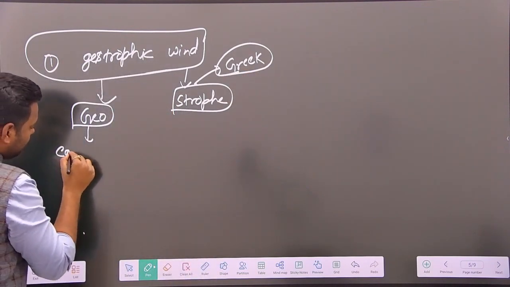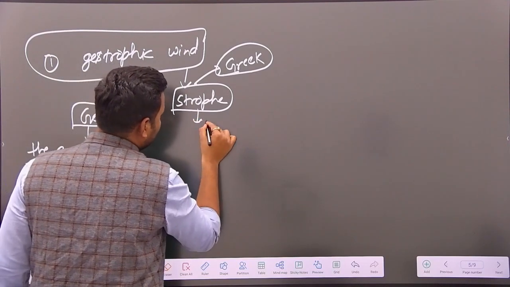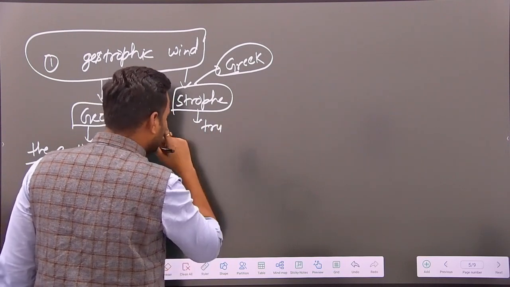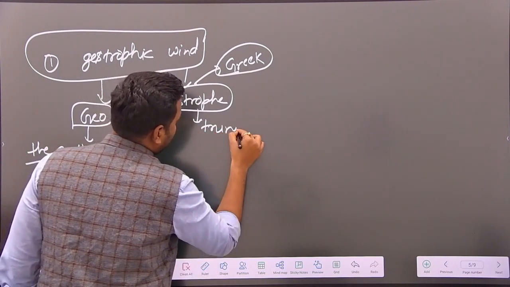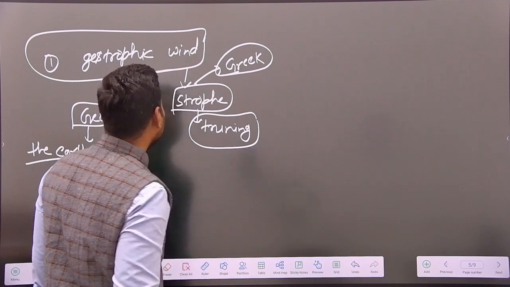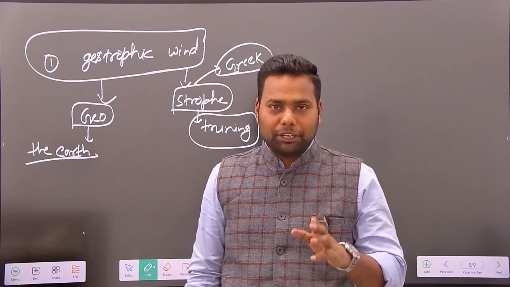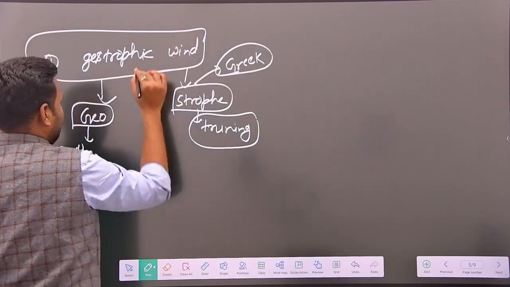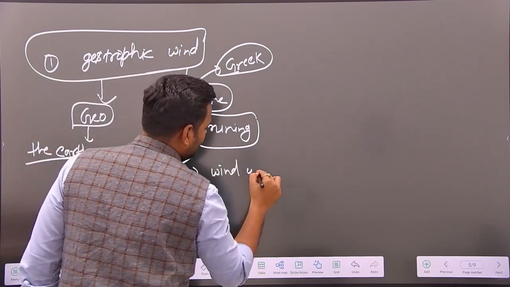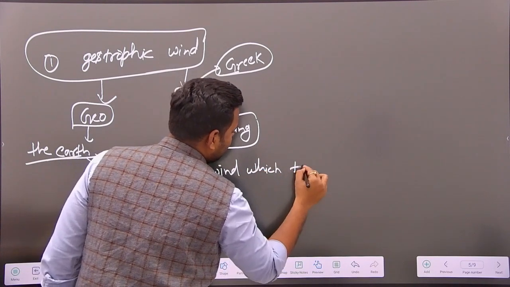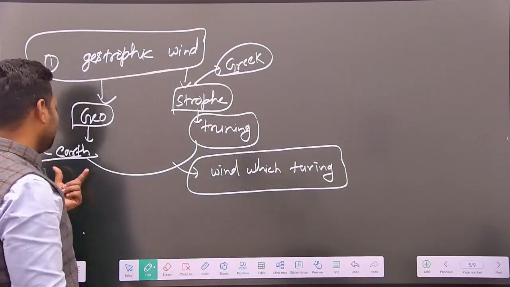We all know geo means the earth, and strophe means turning. The whole meaning of geostrophic is the wind which is turning. The literal meaning of geostrophic is the wind which is turning.